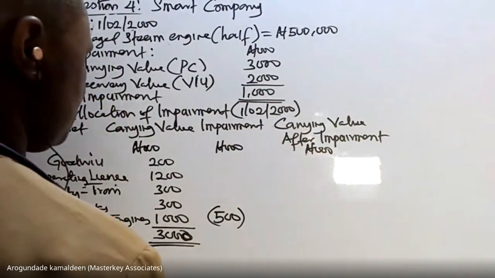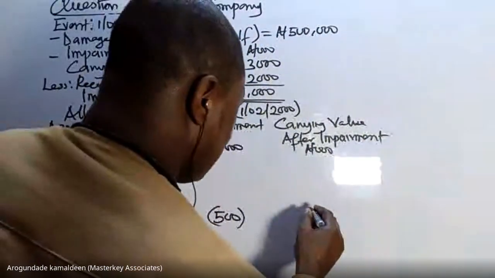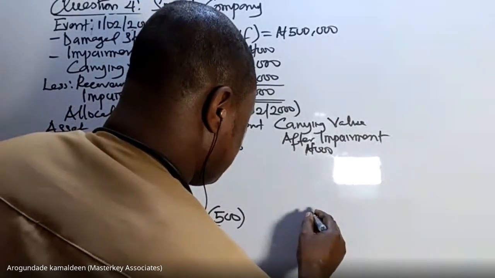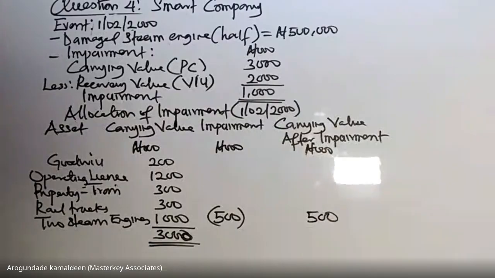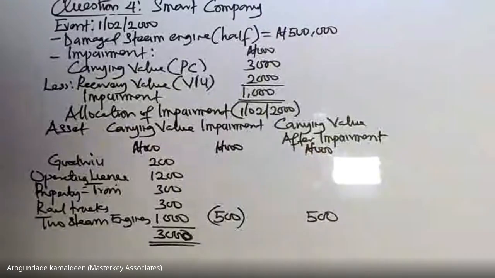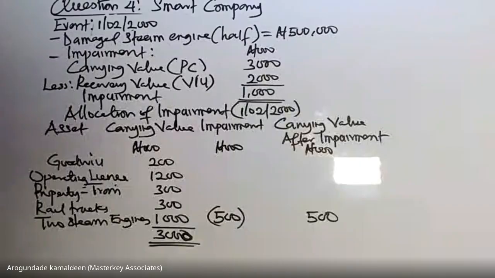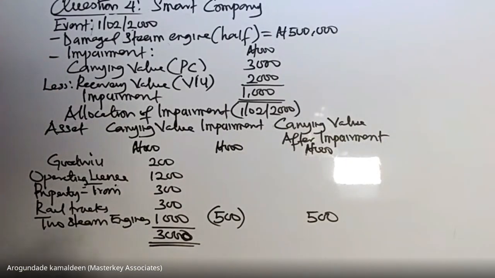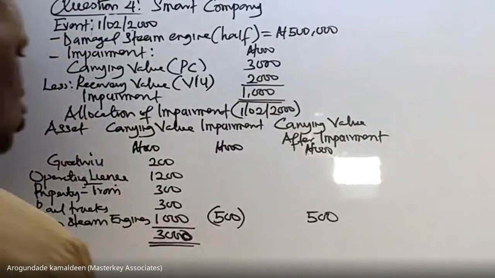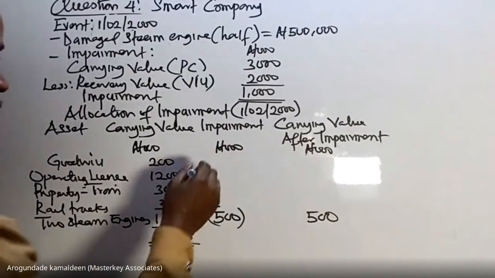So we have 500,000 left. After the 1 million, we have taken 500,000. How much do we have left as impairment? It is 500,000. Is that clear? So now, allocate to goodwill too.